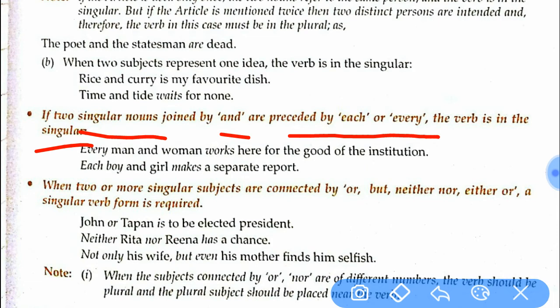Every man and woman works here for the good of the institution. Works is the singular form, because though every man and woman is joined with and, the word every or each makes a difference and it is singular.